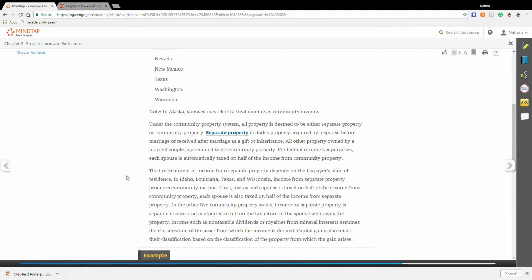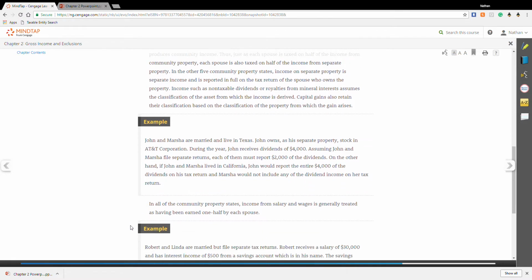That is true in some states, because right here we have the tax treatment of income from separate properties. Again, it depends. In Idaho, Louisiana, Texas, and Wisconsin, it's still 50-50. California, you don't have to worry, even though it's community property.